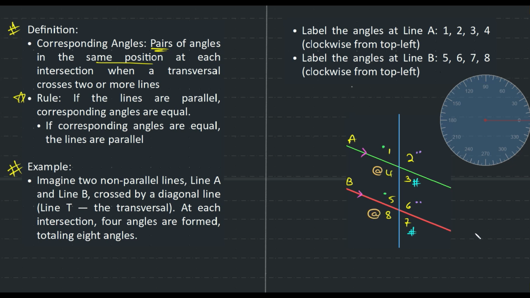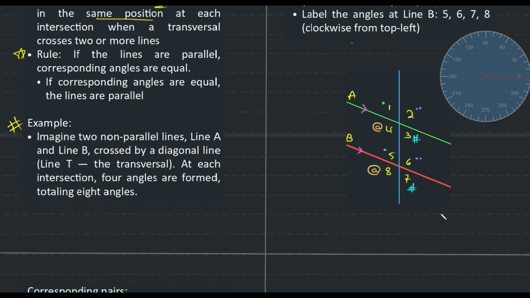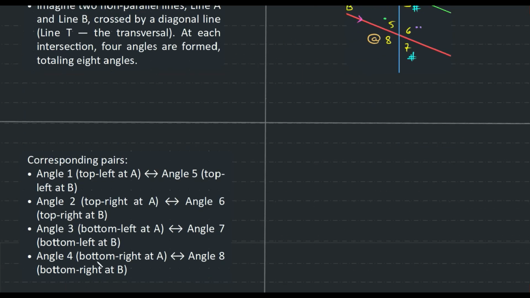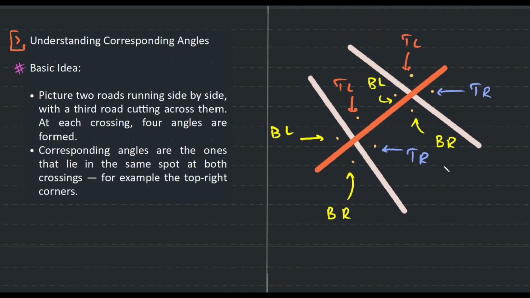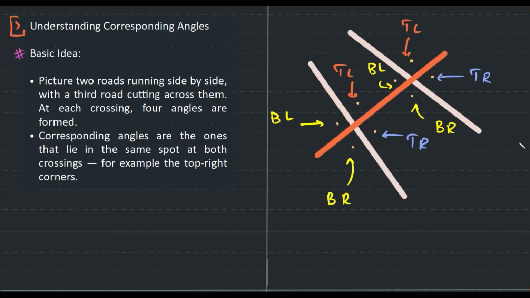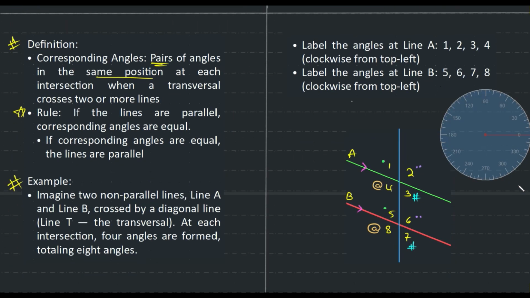Guys, it's important that you know this happens only with parallel lines, that the angles are equal. Okay, I think pretty much everything is done. You need to copy all of this, write everything, and you should try doing this.